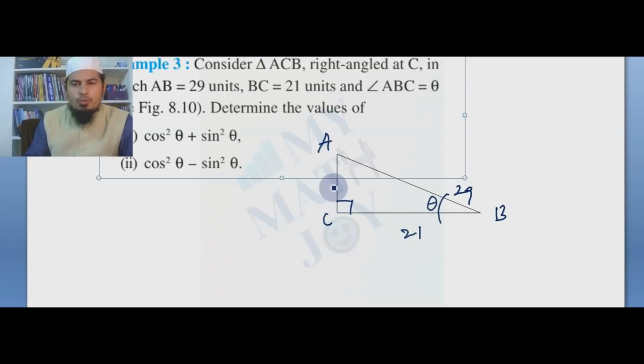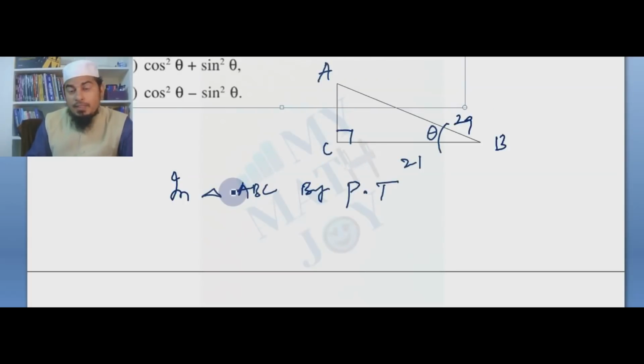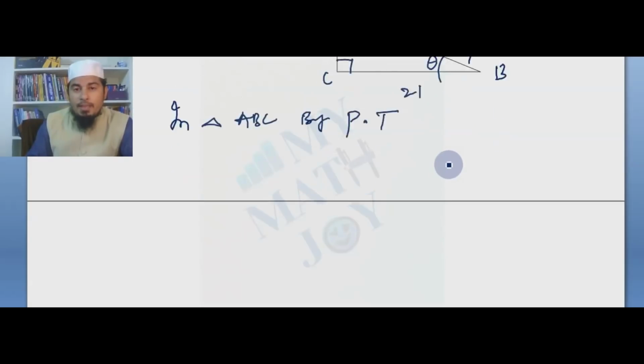AC we don't know, so we have to use Pythagoras theorem and find the AC value in right angle triangle ABC. We learned Pythagoras theorem in this fashion also: if the hypotenuse is to be found, then the square of it is the sum of the squares of the other two sides, and if one of the perpendicular sides is to be found, then it is the difference of the squares of the other two sides, and the first will be the hypotenuse.